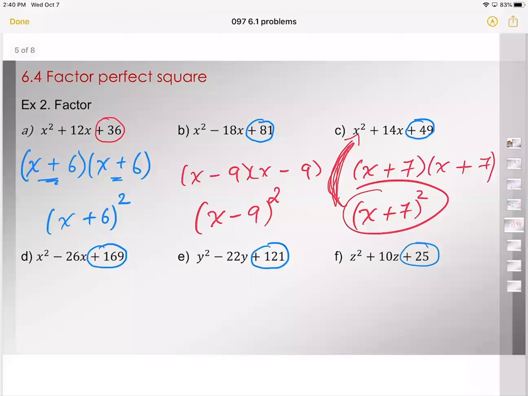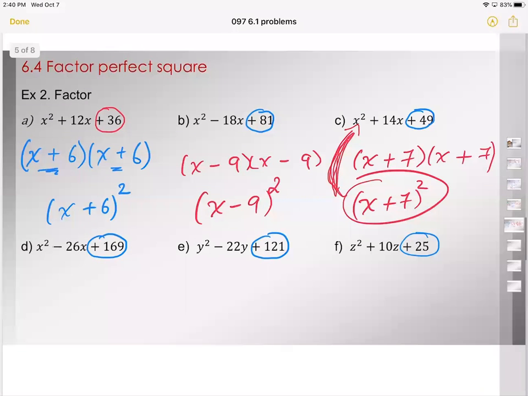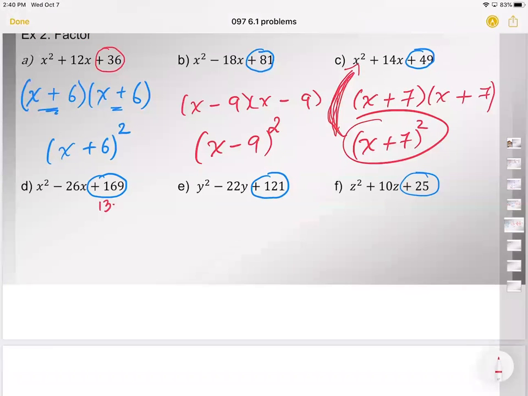And again, the last two, you can see that this is 13 times 13, 11 times 11, and 5 times 5. You only need to check: 13 times 13 is 169, 13 plus 13 is 26. 11 times 11 is 121, 11 plus 11 is 22.